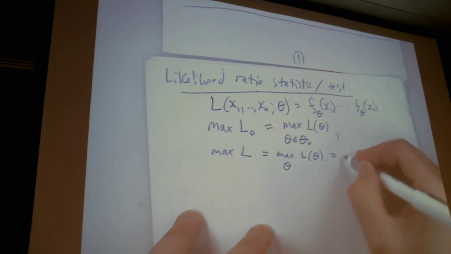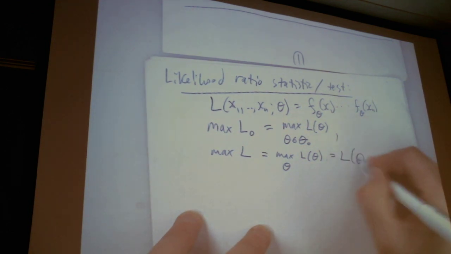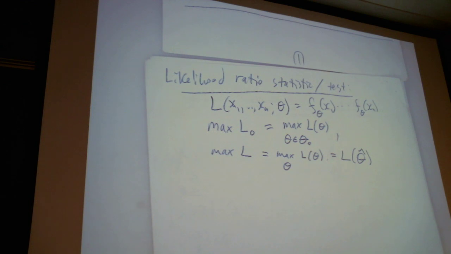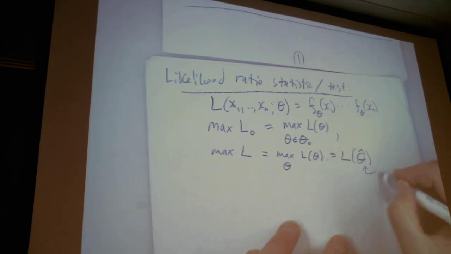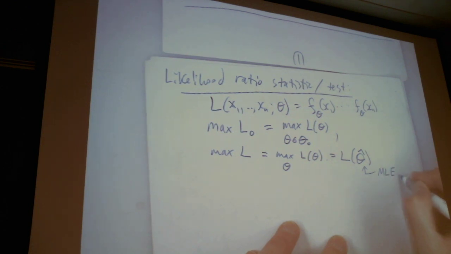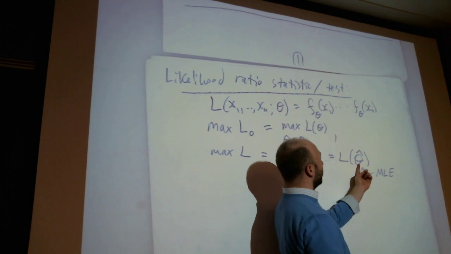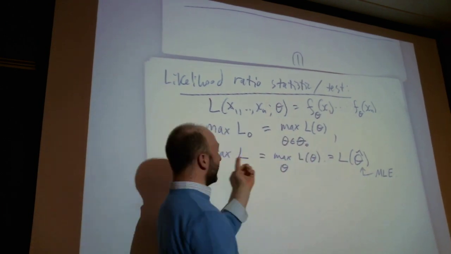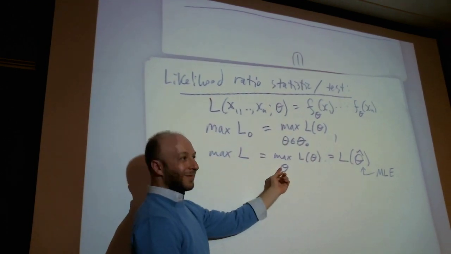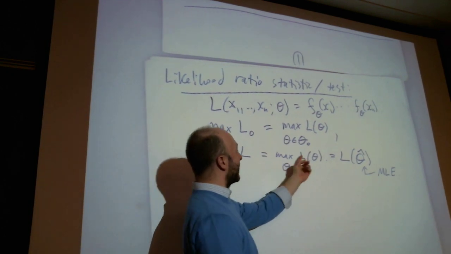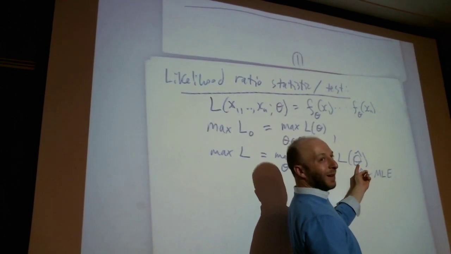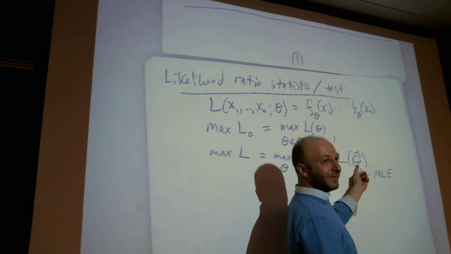By the way, this is the value of L at the maximum likelihood estimator of theta. How do we define this maximum likelihood estimator? We maximize the likelihood. If you make it as big as possible, then the maximum value is the value at the place where it makes it the biggest possible.